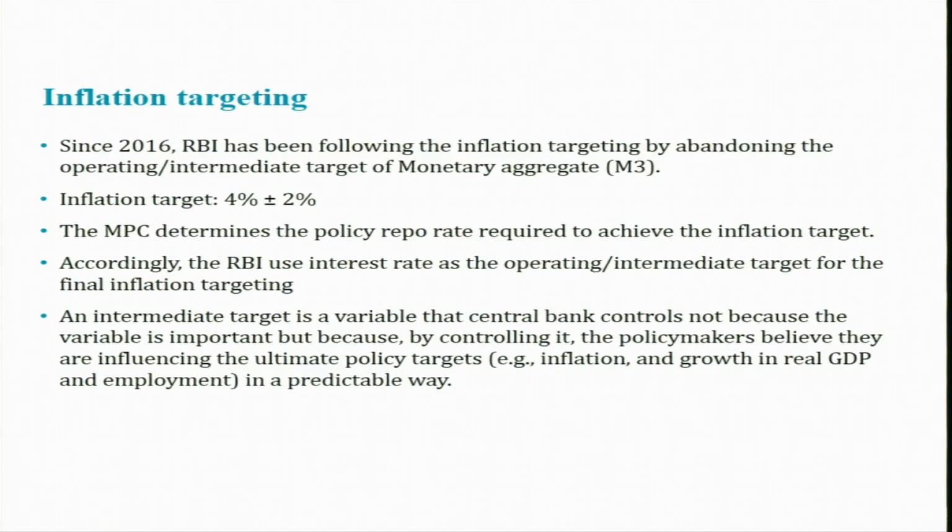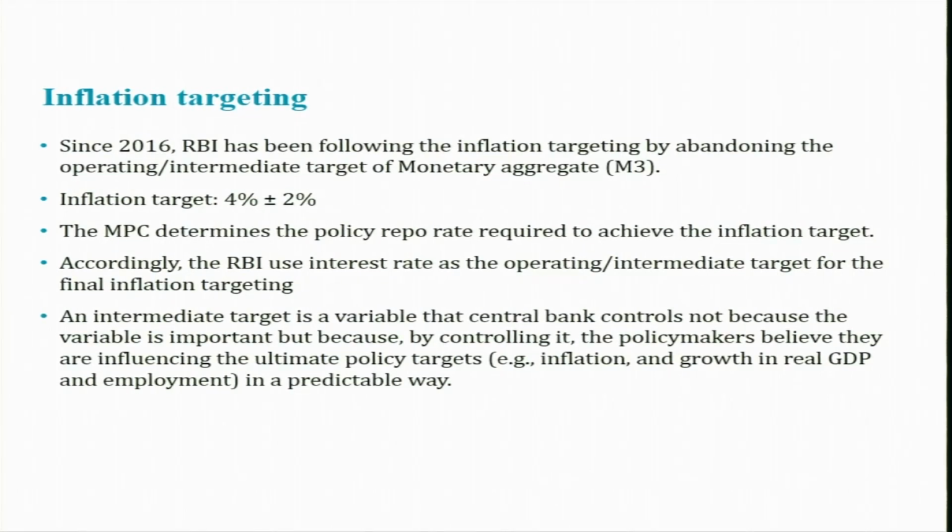We have seen that RBI has been following inflation targeting since 2016. That means RBI has been following inflation targeting by abandoning the operating or intermediate target of monetary aggregate, that is M3.